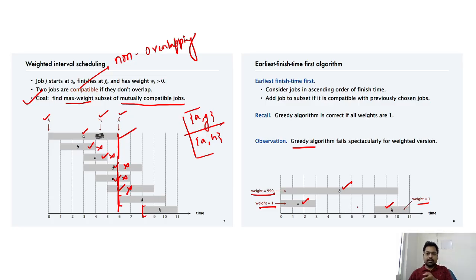You know you have to complete within a certain time. So if I pick B, definitely these two will be discarded. So as per our objective, 999 should be picked as the maximum weight, and the compatible set should be B. But as per the greedy approach, we need to pick the less finishing time first.